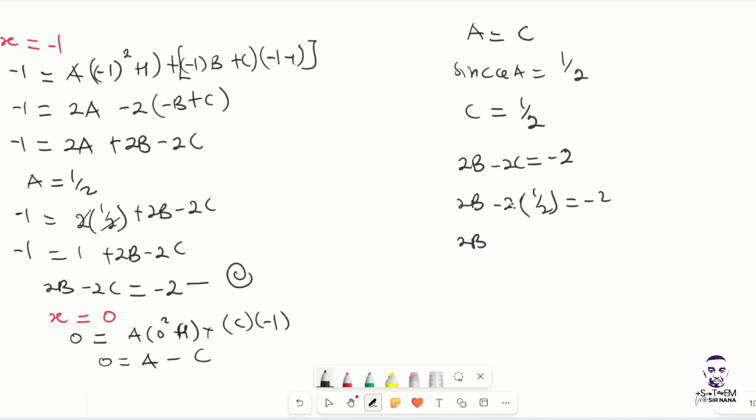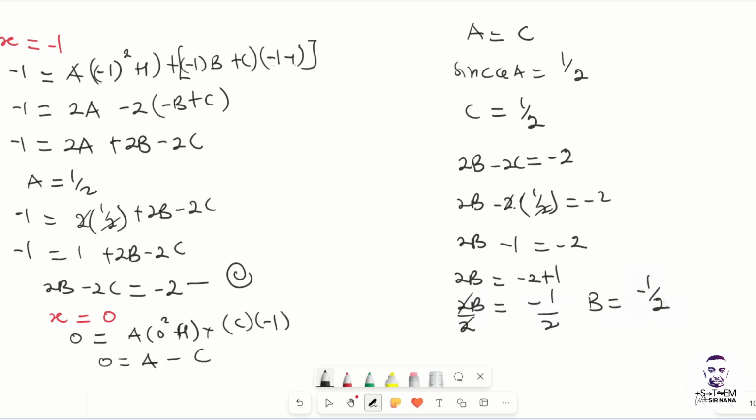So we have 2b, and this cancels, we have -1. So -1 equal to -2. We have 2b equal to -2 plus 1. So we have 2b equal to -1. So we divide both sides by the coefficient of b, which is 2, and then we have our b as well. So b is equal to negative half.